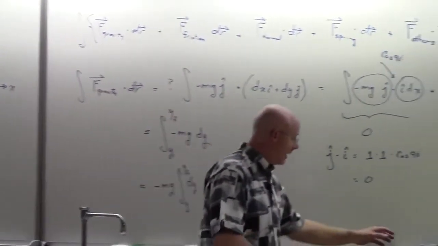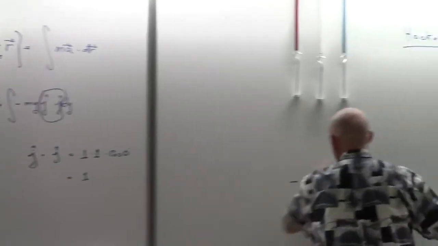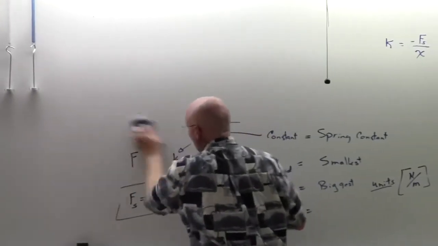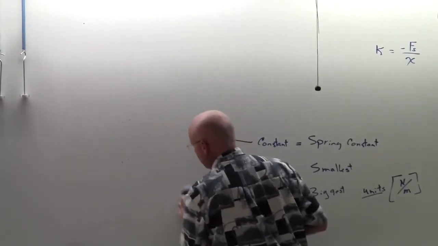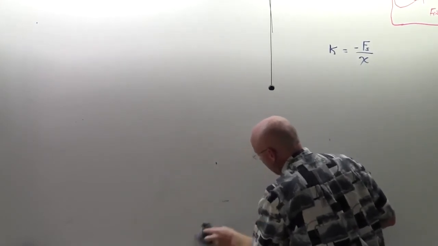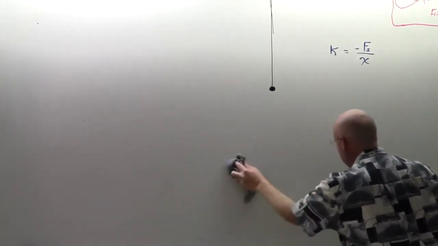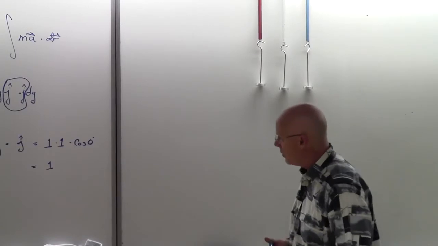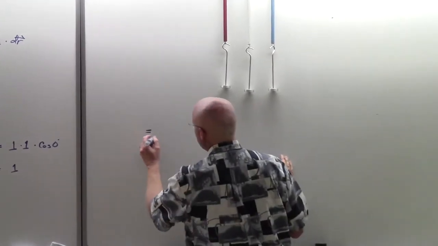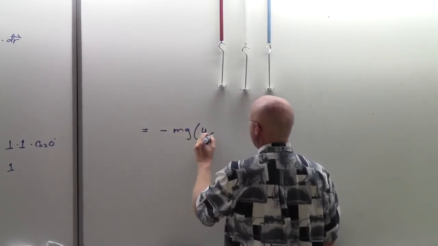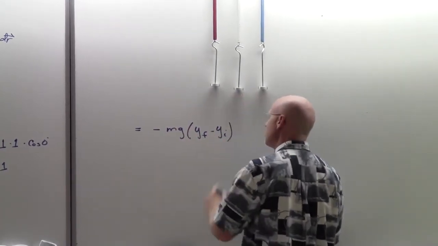Maybe I've run out of room here, so I'll jump over to here. But working on this first integral, I get the same formula, maybe with a little more advanced mathematics, that you saw in Physics 102, where you get a minus mg and then y final minus y initial.